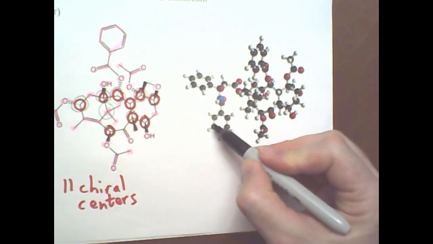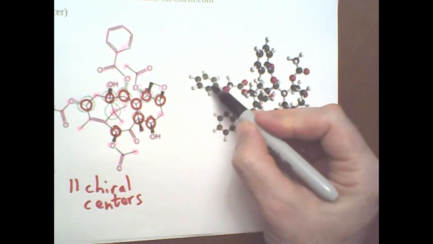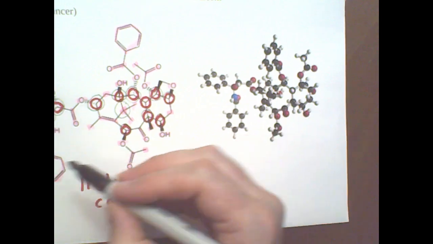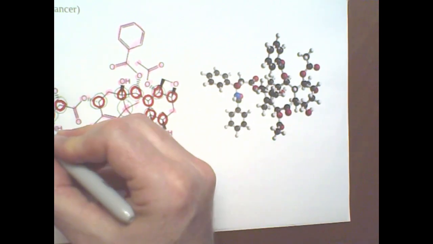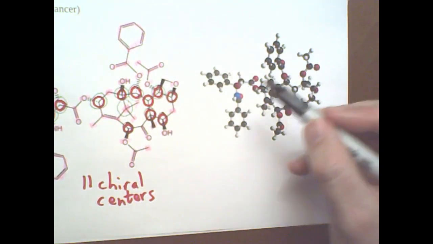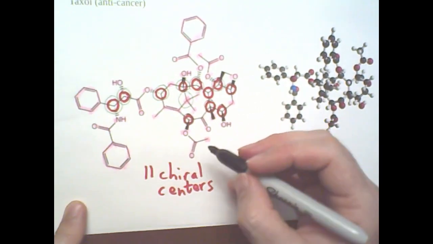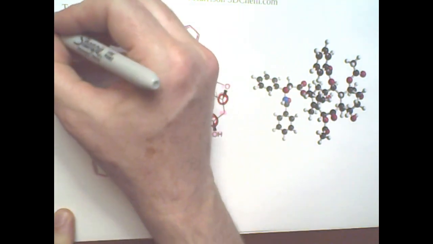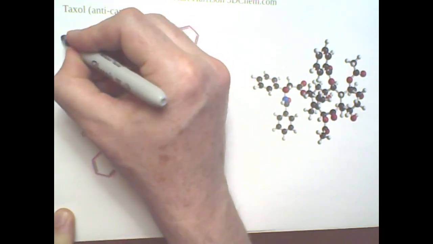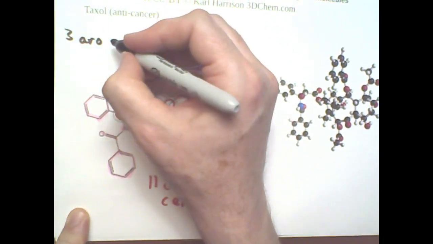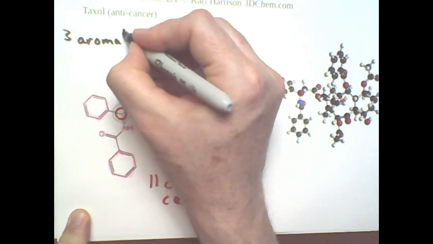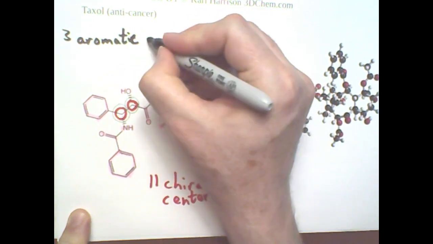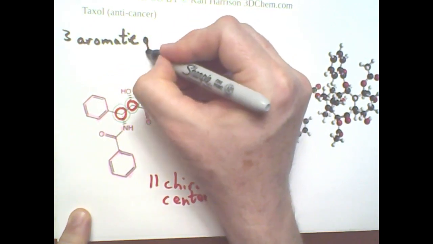So here we see these flat 6-membered rings. That's a really good sign of benzene groups, and we see 3 benzene groups on the left as well. So 3 aromatic groups.